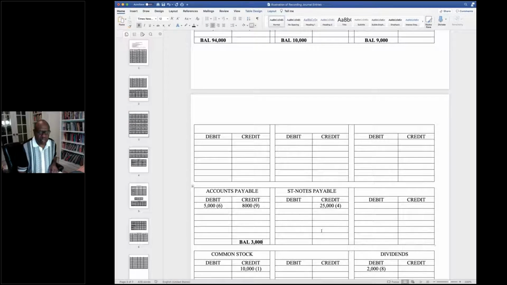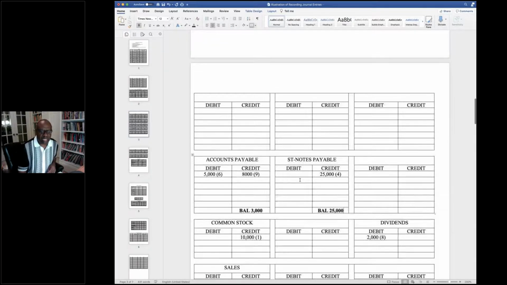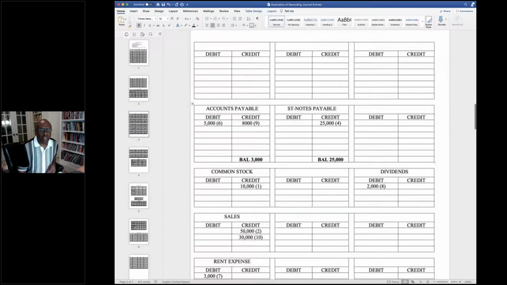For the short-term note, we only had one transaction, and so we know that the balance here is going to be the $25,000. As you can see, only a few, like cash, will have a lot of transactions typically.